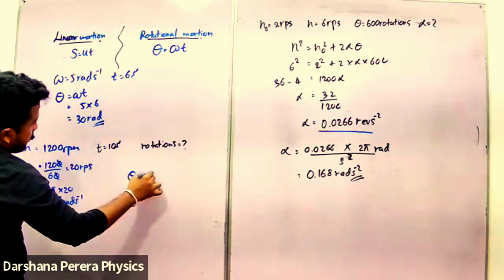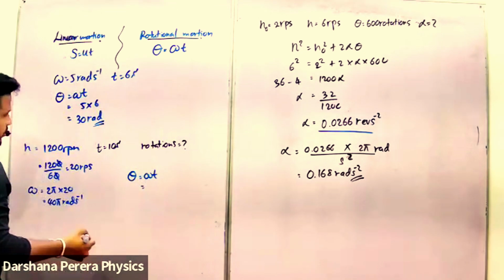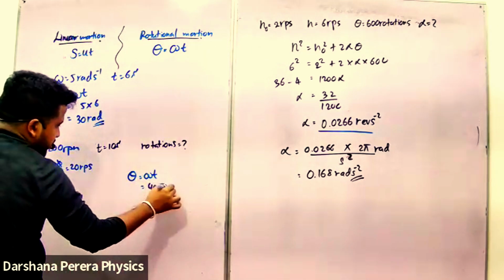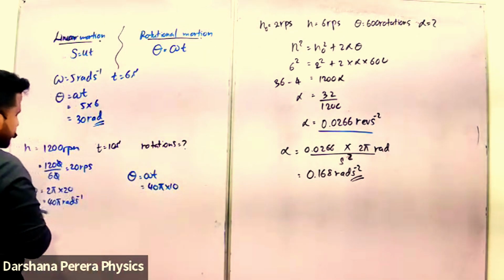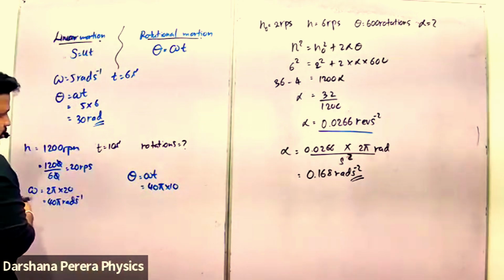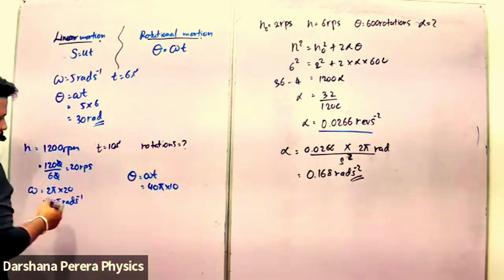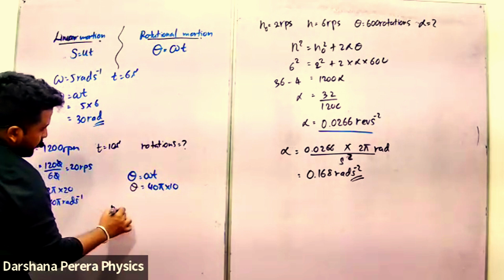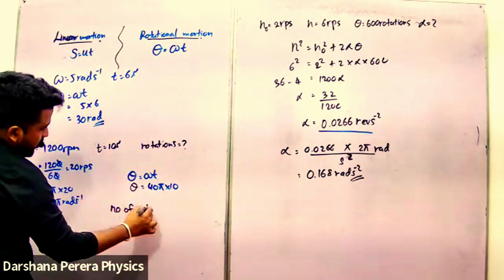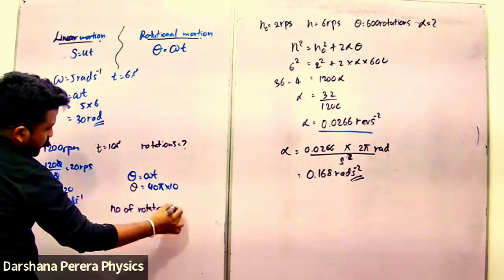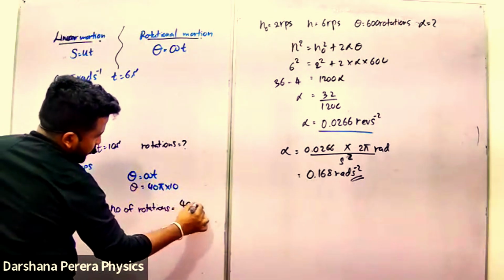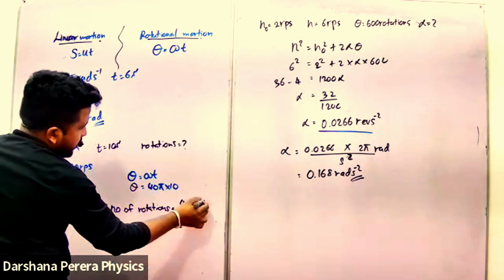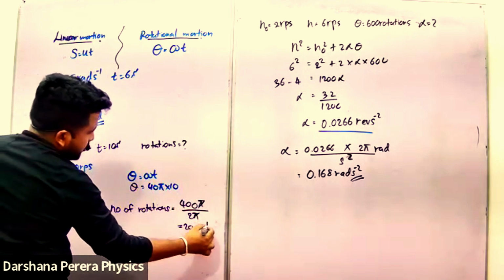Theta equals omega t, omega equals 40 pi, t equals 10. Then the number of rotations, we can take 400 pi over 2 pi, that means 200 rotations.